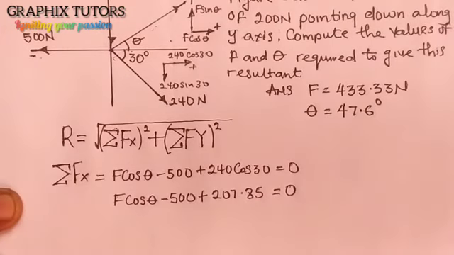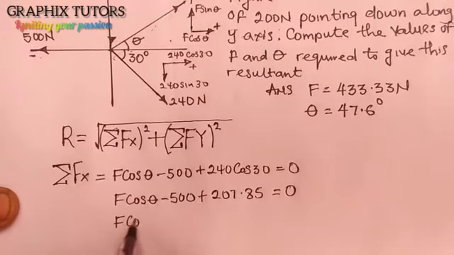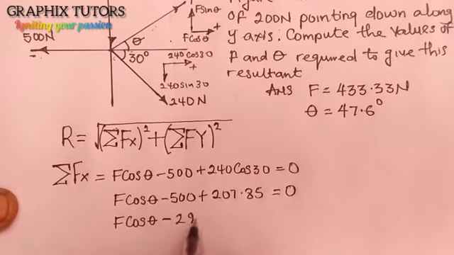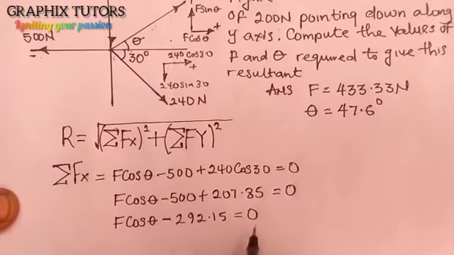So f cos theta minus 500 plus 207.85 gives us f cos theta minus 292.15 equals 0.